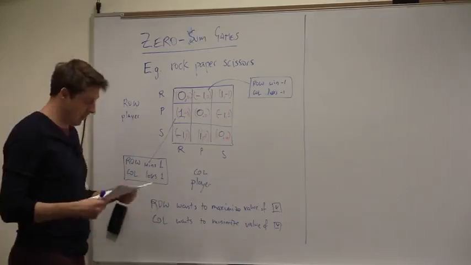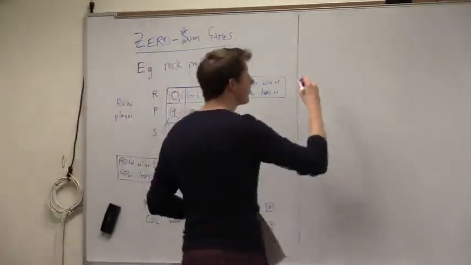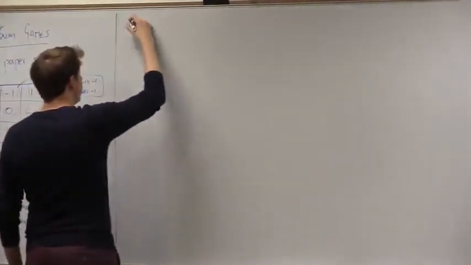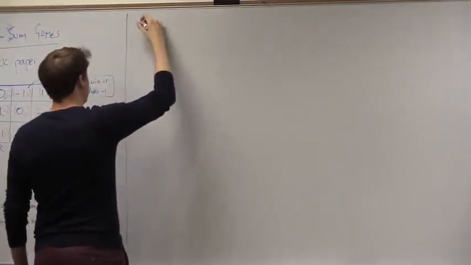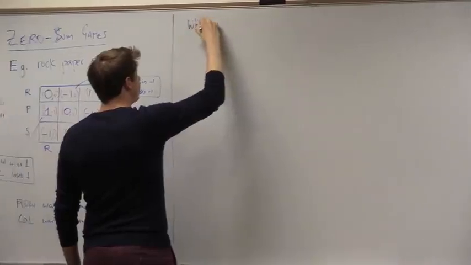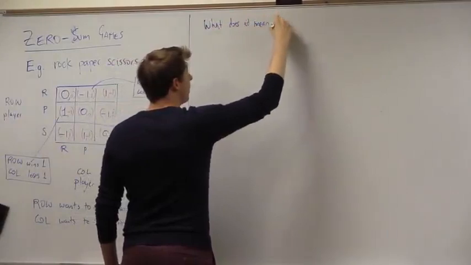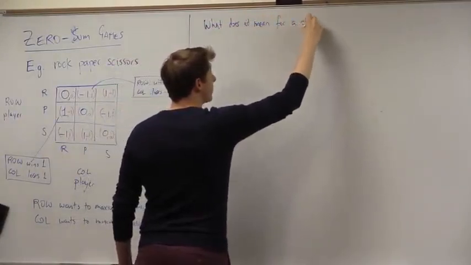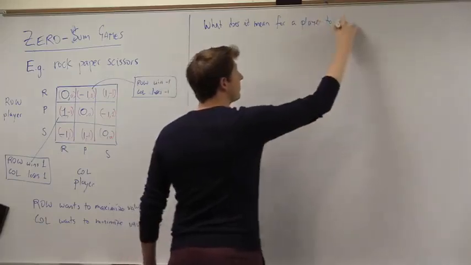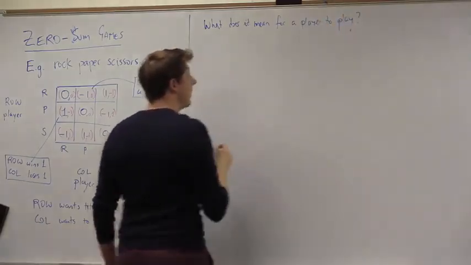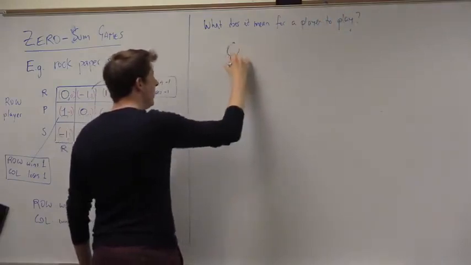The first point that I want to make, though, is that I want to make a distinction between pure strategies and mixed strategies. So what does it mean for a player to play in the game? What you should think about is that, sure, there is the player.